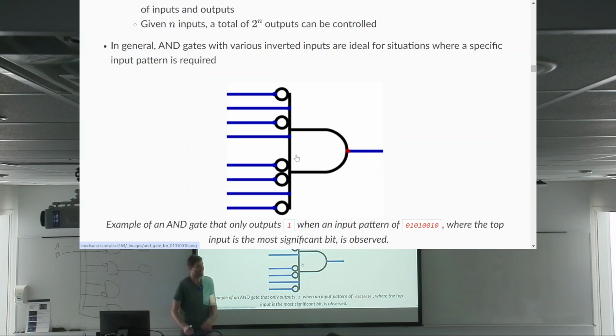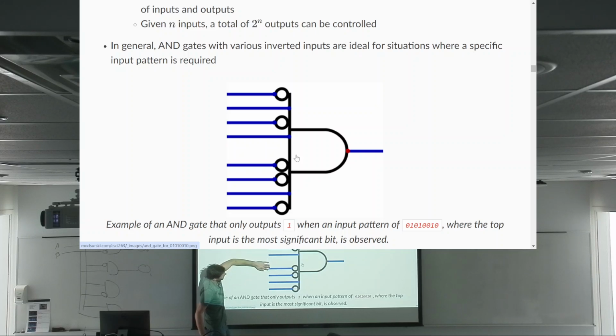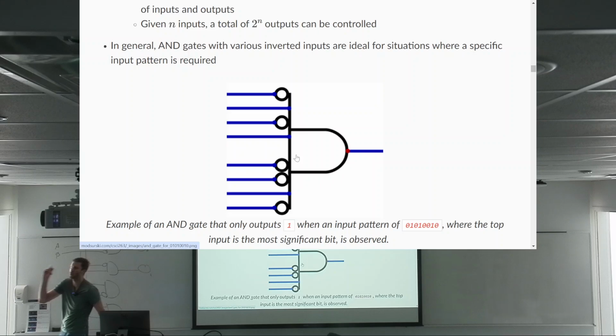Because first of all, that's how AND works. AND only gives you an output 1 for one combination. But do you see here that the only way this would output 1 is if we see 0, 1, 0, 1, 0, 0, 1, 0. It'll only ever output 1. AND gates are phenomenal for that.